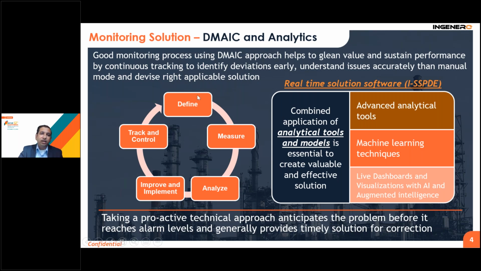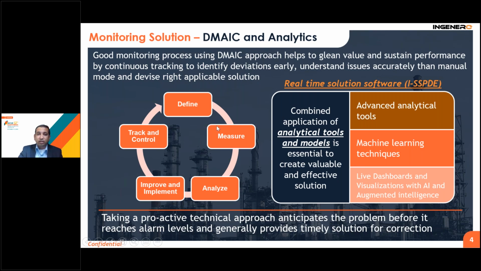Let's look at the DMAC approach, which generally works the best. In the DMAC approach, we define the problem, measure the performance, analyze the issue, and based upon the analysis, find out the improvement opportunities and implement the resulting solutions.